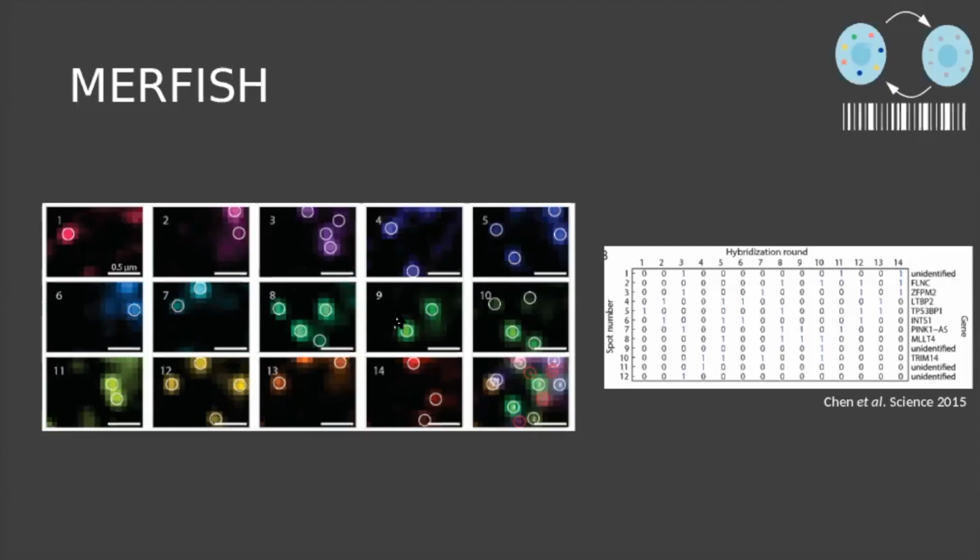Then it's empty, I think, until number 13. And if I look correctly, it should be this one. So it should be number 6. This is the barcode. So it's 0 in the first, positive in the second, and then you can identify the gene belonging to this barcode.